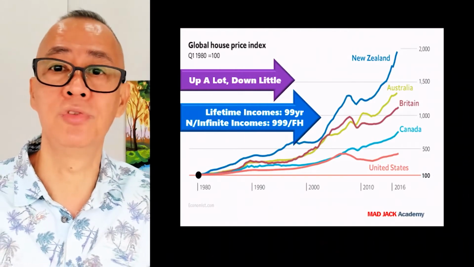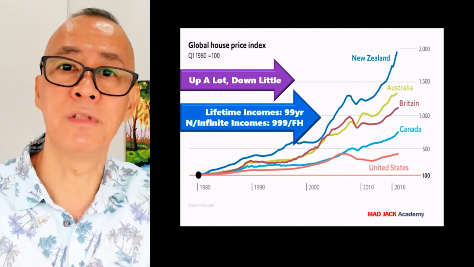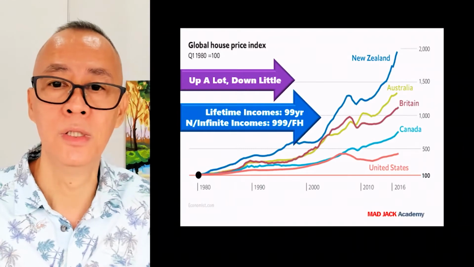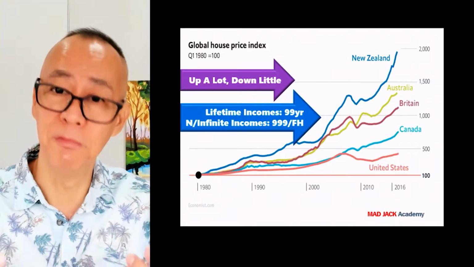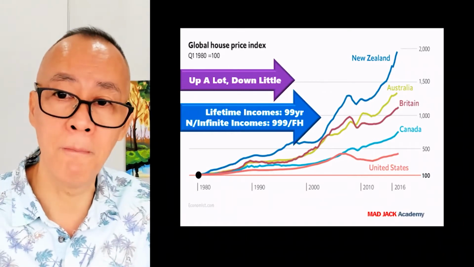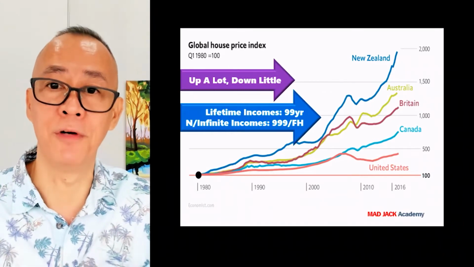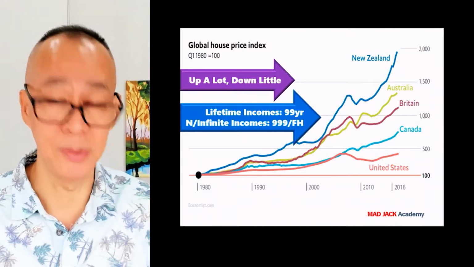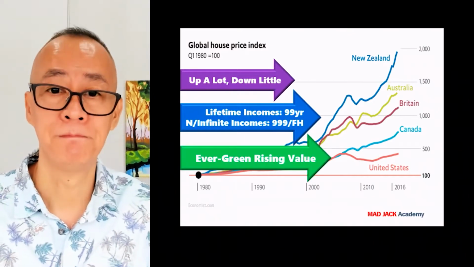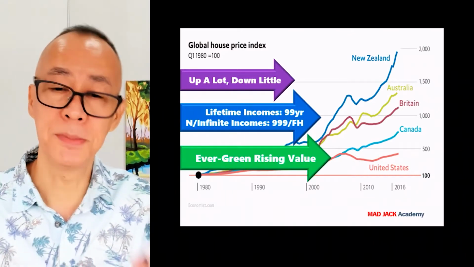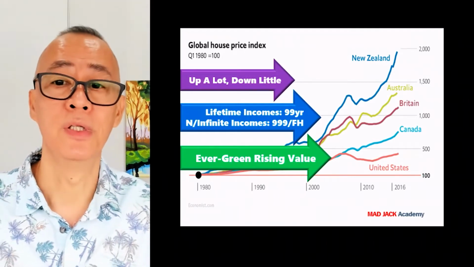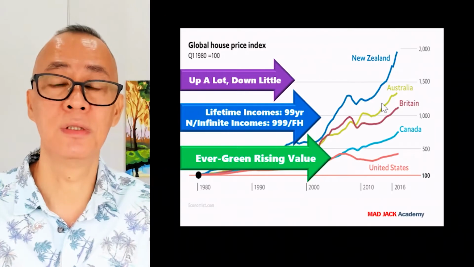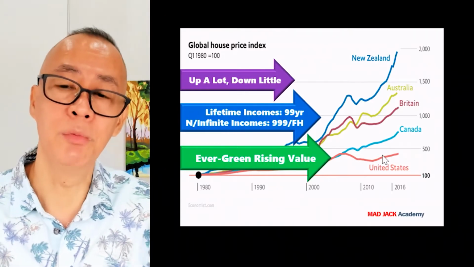My calculation, 3 million times 10 is 100 times. So $300 million, you pay $1 million for the property. How can you be wrong in terms of investment in property? That's why it's very hard to go wrong, and the banks are very happy to loan you money to buy property, and it's very safe. Thirdly, this is my point: it's evergreen rising value when we invest in property. This is across the board, anywhere in the world.